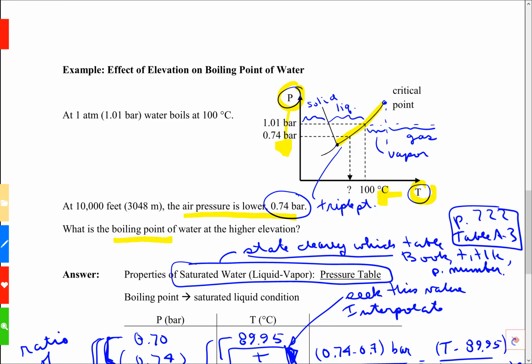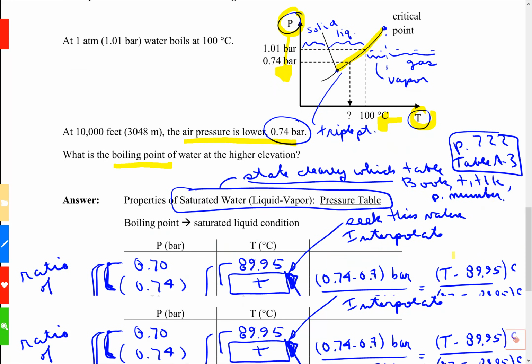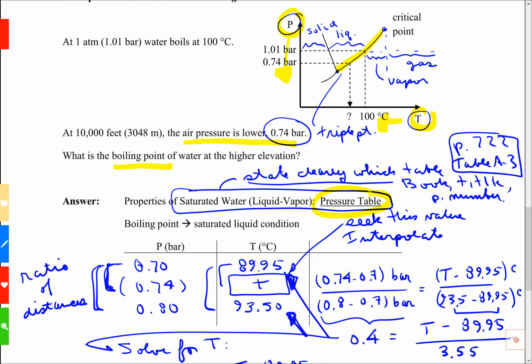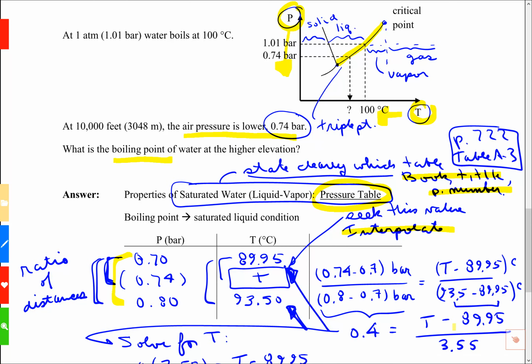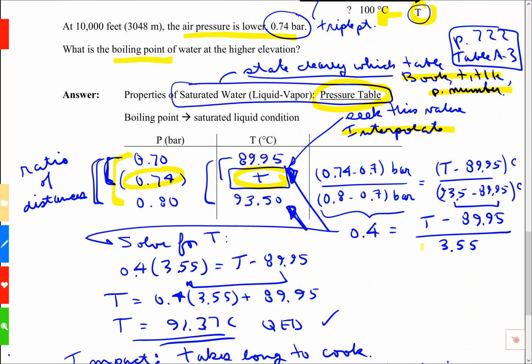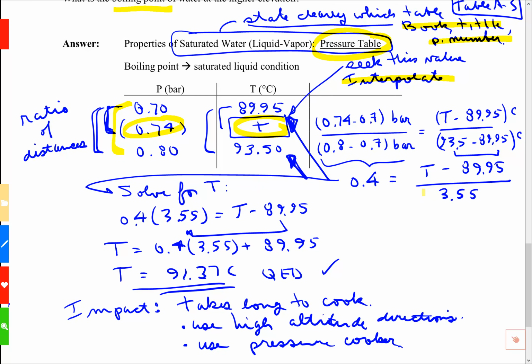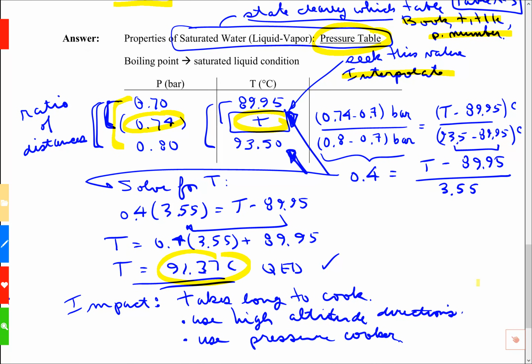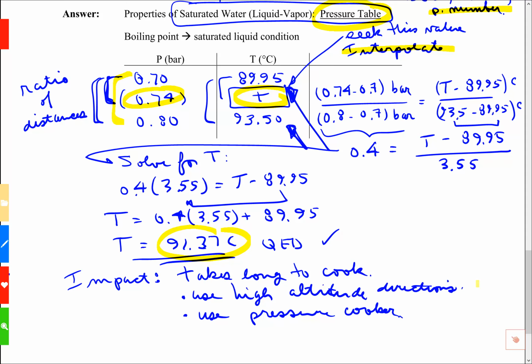We used a table, the pressure table, but it's always important to say exactly where you got your table so that your boss or a future you can find those values. We used interpolation to work between a couple of table values to find the value we were seeking. And we found that the boiling point went down more than 8 degrees. And then finally, if you visit the mountains, if you bring along a pressure cooker, all will be well.